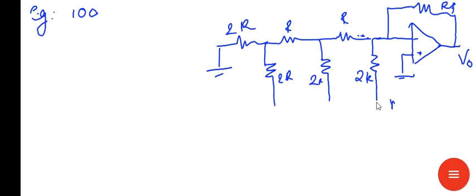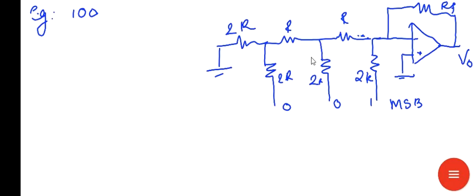This 100 is a 3-bit combination, so here the bit is 1, and this is 0, this is 0. So there are 3 parallel 2R resistances needed, one for each bit.